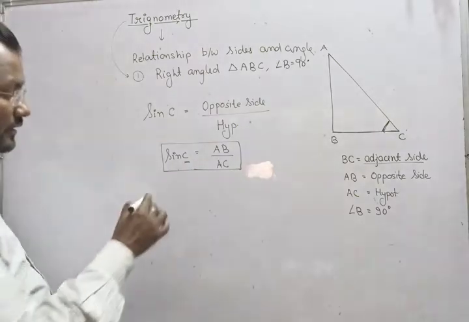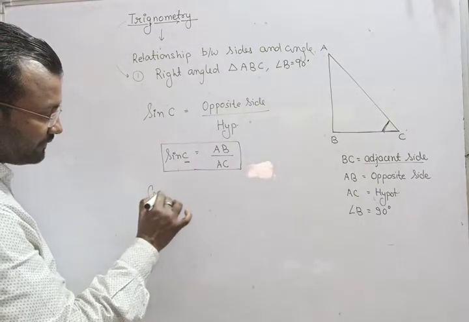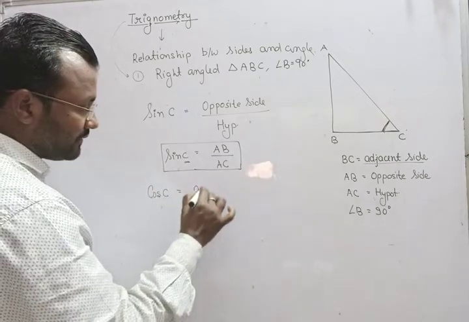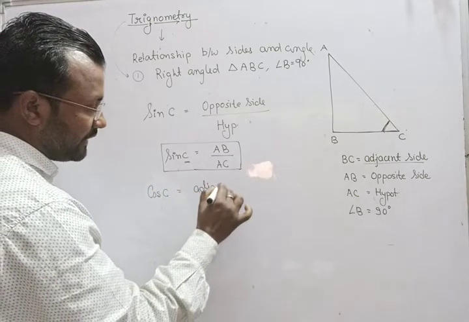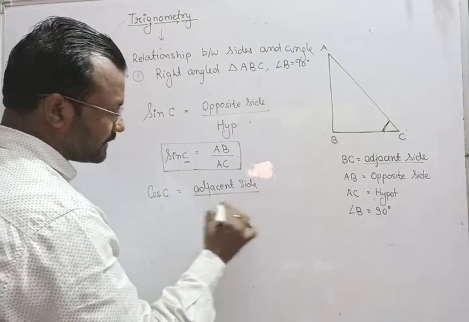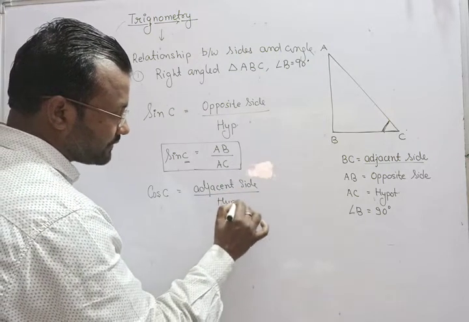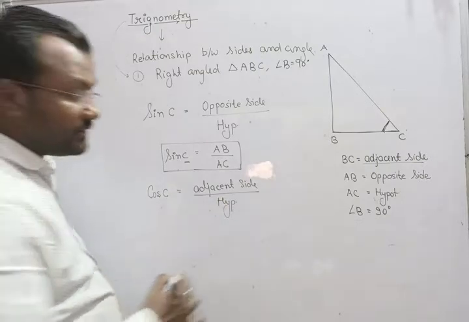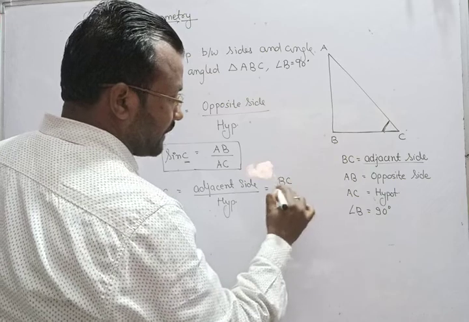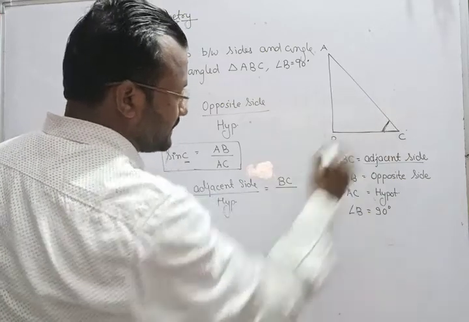In the same manner, if we are working for cos C, cos C can be written as the ratio of the adjacent side and the longest side, that is the hypotenuse, right? The adjacent side is BC and the hypotenuse is AC.